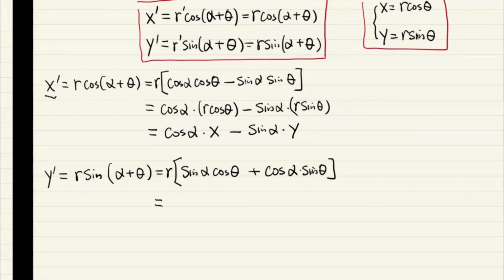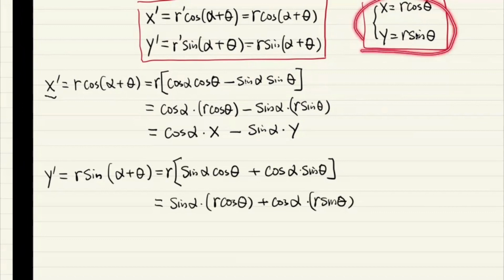And this can be further written as sine alpha times r cosine theta plus cosine alpha times r sine theta. Now again, we can use the relationship here to express y prime in terms of alpha and the coordinates of A. We write this as x and this as y, so y prime equals sine alpha times x plus cosine alpha times y.